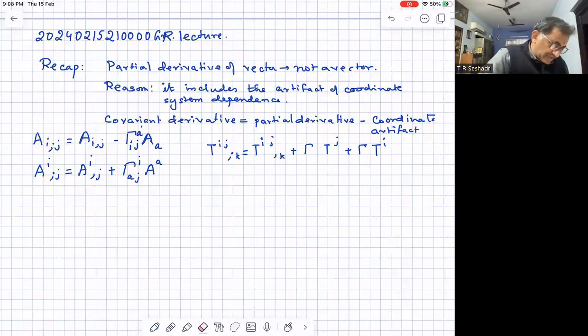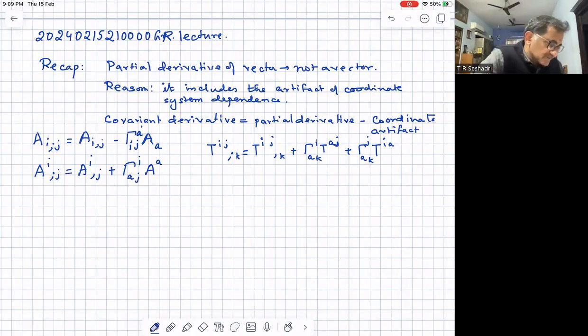Now, whatever I have not replaced, I will put it as α, which has to be contracted with α. I will put it as α, which has to be contracted with α. Now, here, this is a j here, so the other i index comes here. There is an i here, so the j index comes here. And this is the derivative. Are you okay with this?